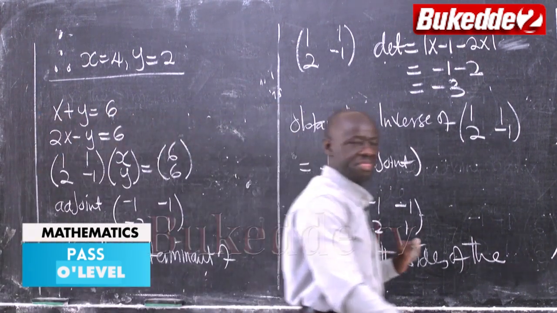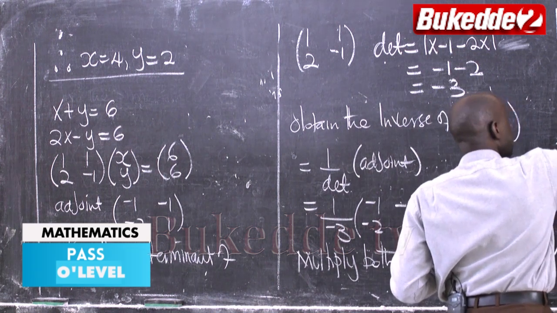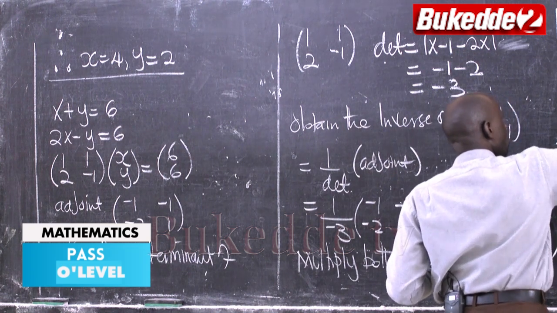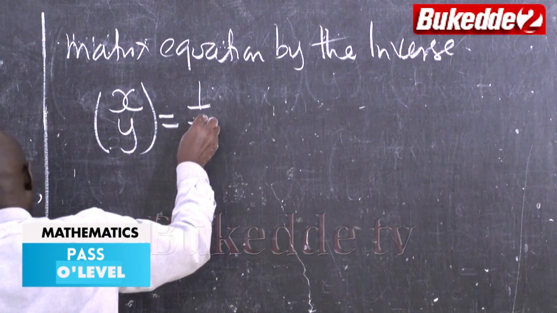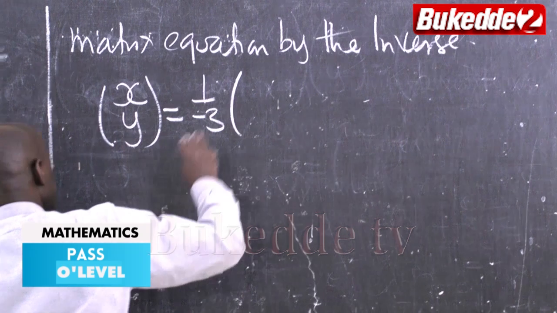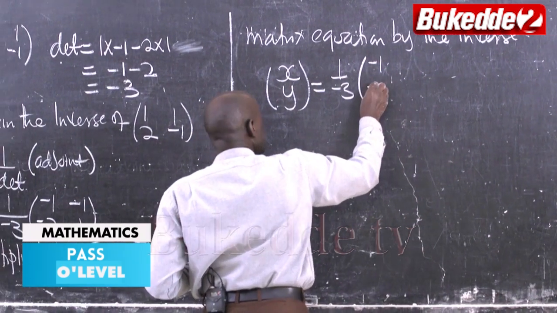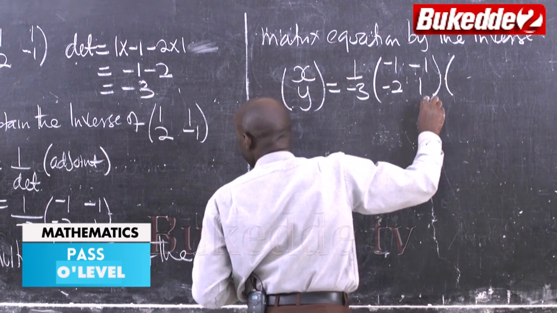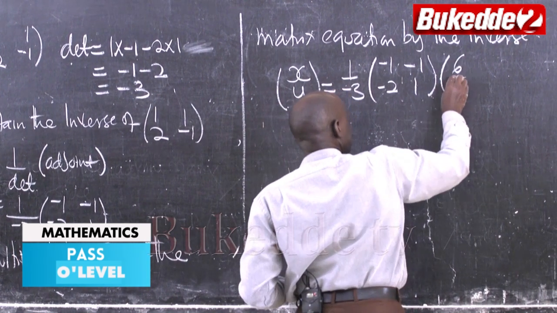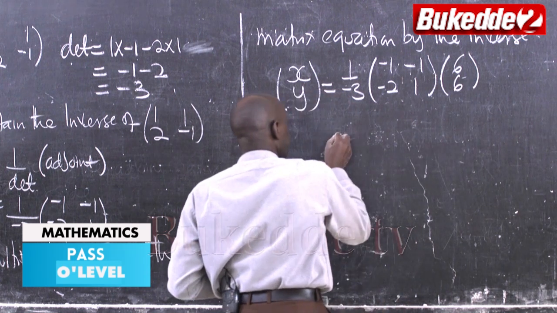So we can ignore that one, which is going to give us x, y to be equal to 1 over the determinant, it is -1, -2, -1, 1, multiplied by the matrix of the constants here.